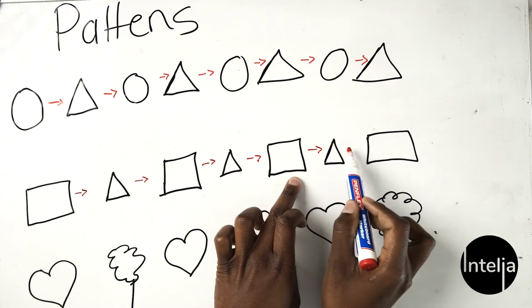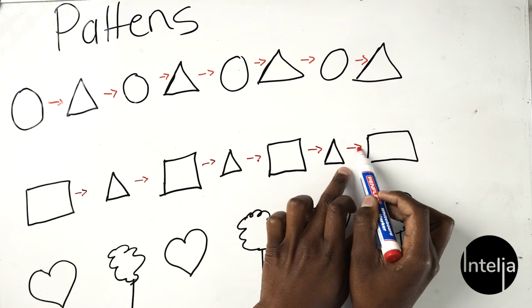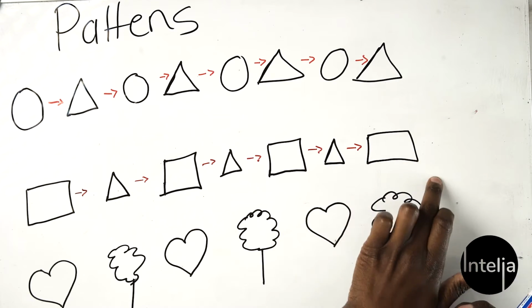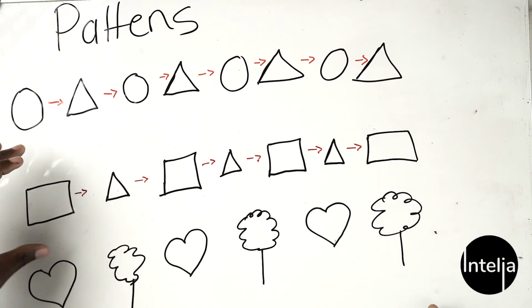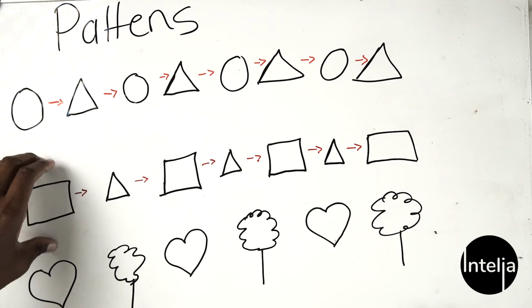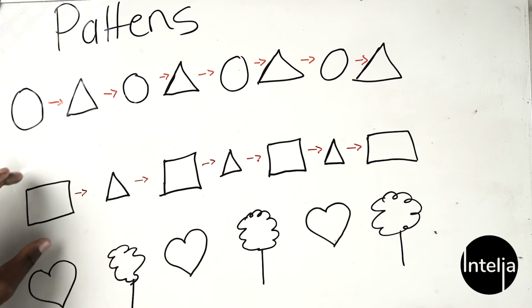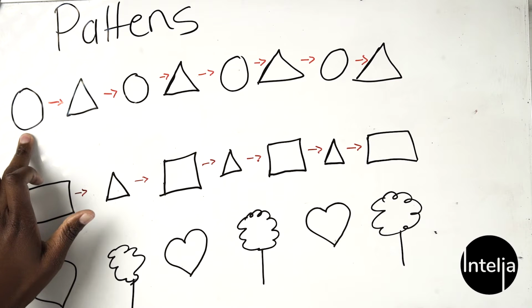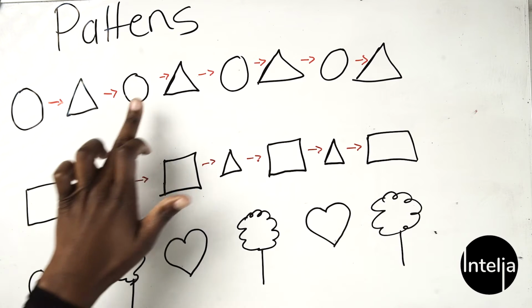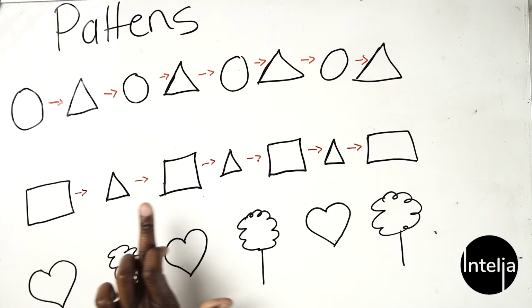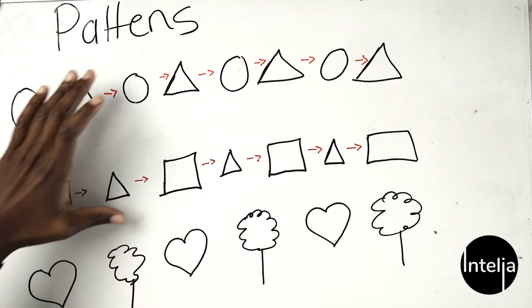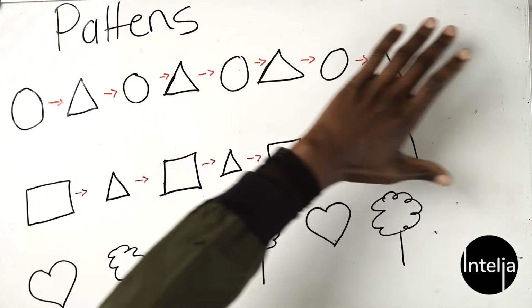So these arrows that I'm putting show you where our pattern is going. Like here, you said circle to triangle, circle to triangle. Same applies here, square to triangle, square to triangle, going on and on in a pattern like that.